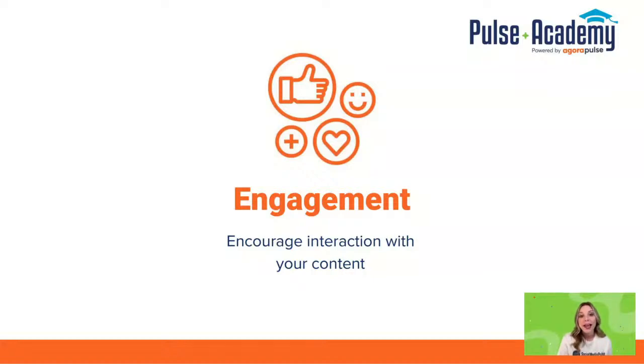And different people might have different goals for different types of interaction, right? We might want video views. We might want people sharing our message. We might want people liking our message or commenting. You can have specific goals related to that engagement, or you can just talk about engagement and lump it all together, right? Any type of interaction is considered engagement.